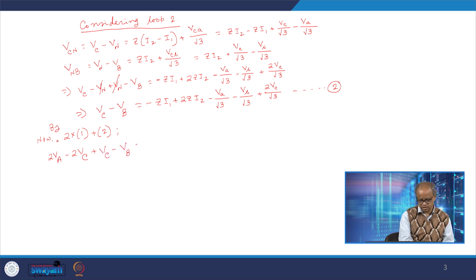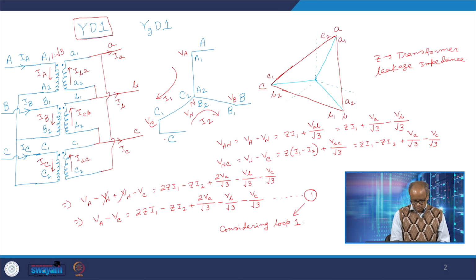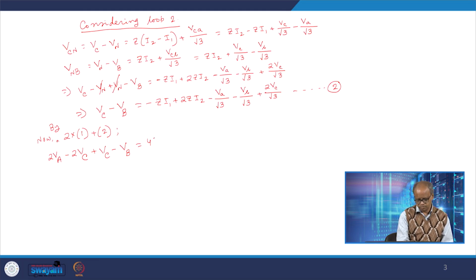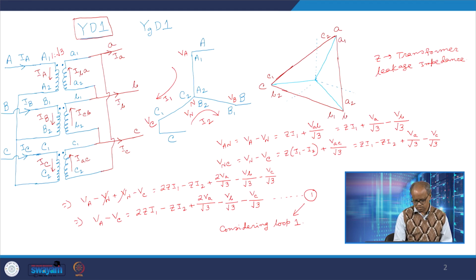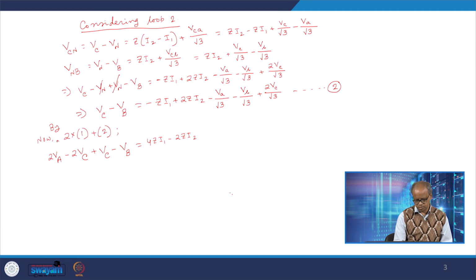So this is the left hand side, and then it is 4zi1 minus 2zi2, and then minus 2 plus 4 Va by root 3. And now we add them.